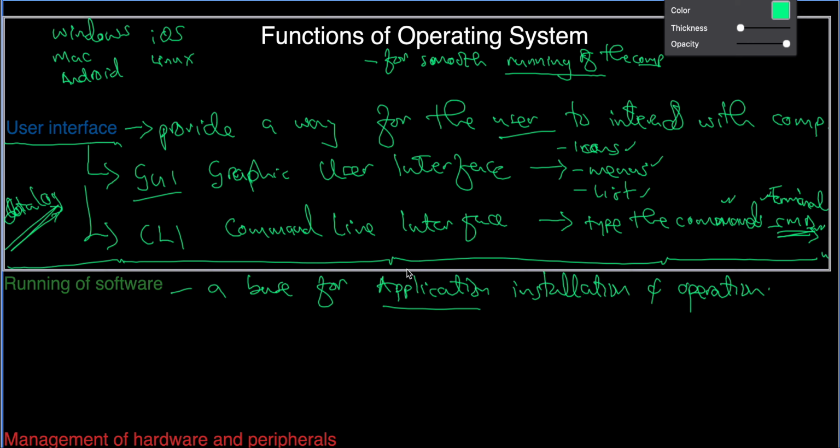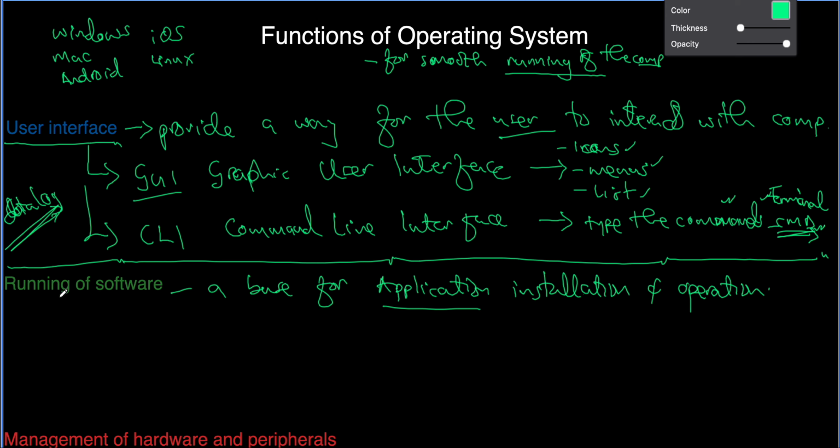So the operating system provides a base for running other software. Without the operating system, you cannot install or even manage other applications. That's one way we can put it across, right?